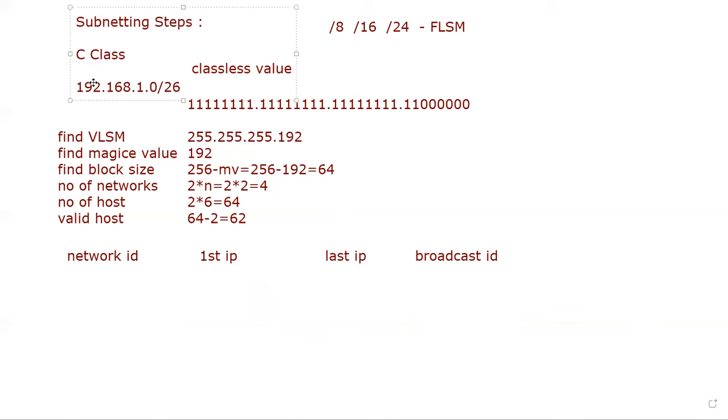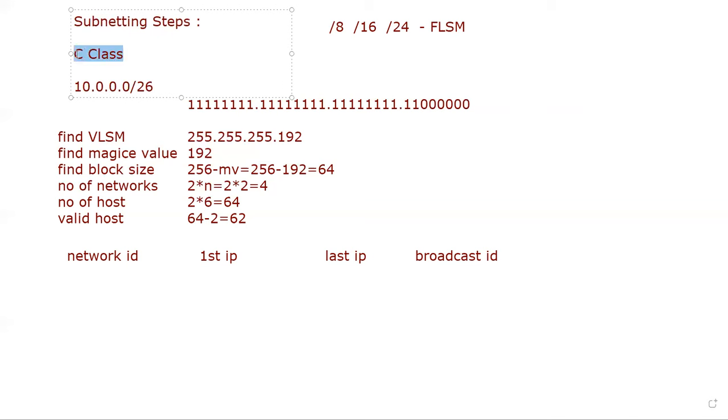Now, for example, you are using here A class, any A class 10.0.0.0. Now you don't have to confuse whether you are using C class or A class. Now this is a classless value, so you have to solve this according to your bits. Like 27 is there.